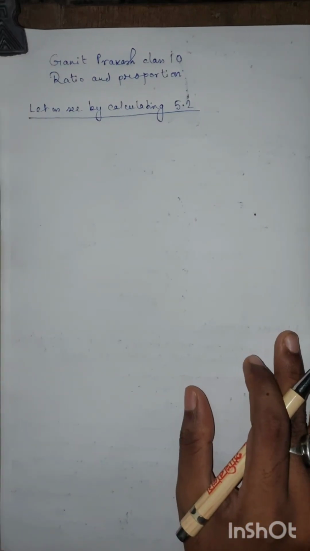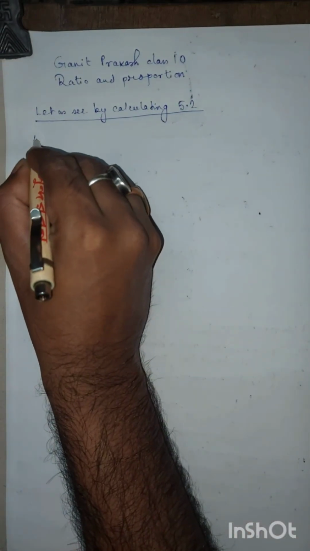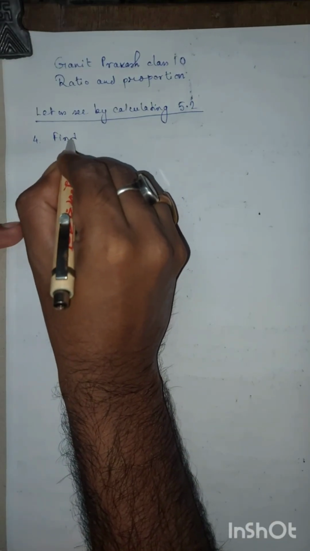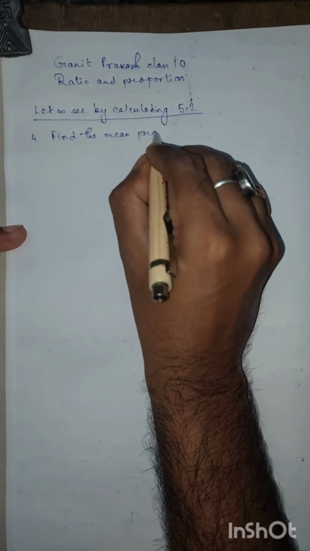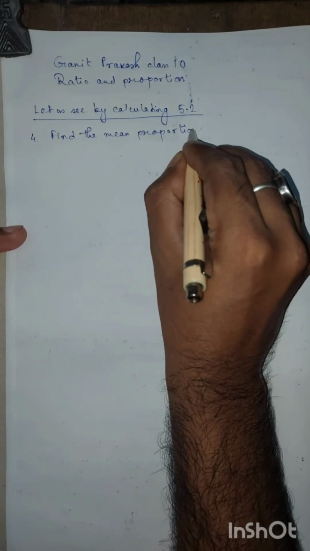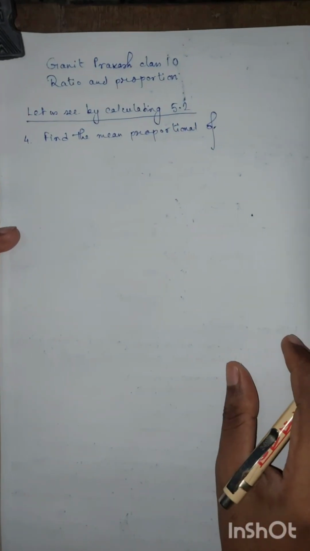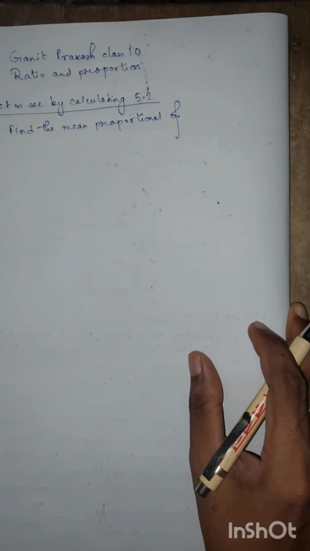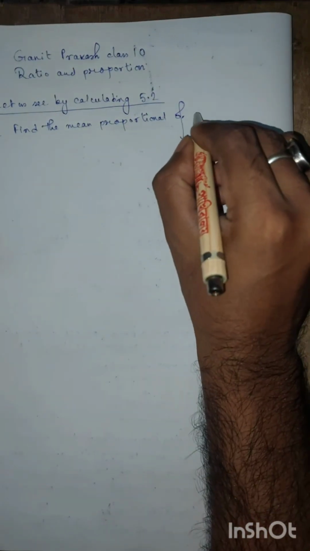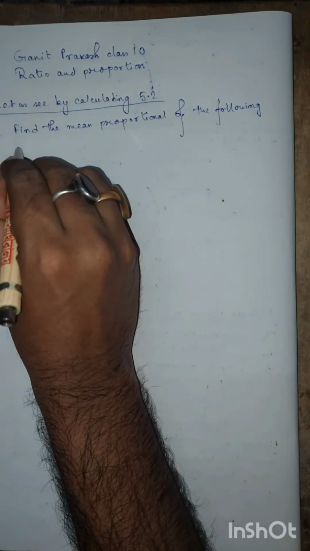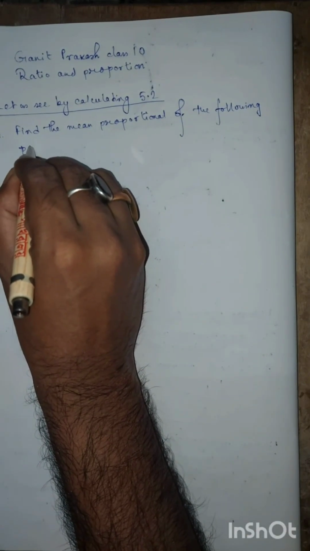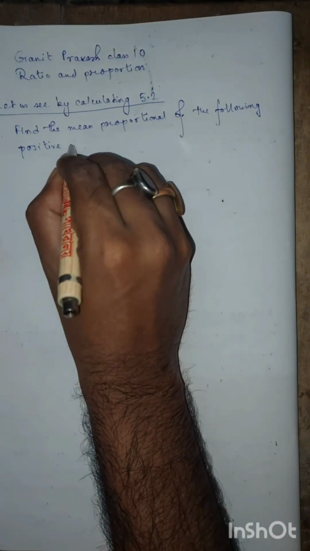Question number 4 says, find the mean proportional of the following positive numbers.